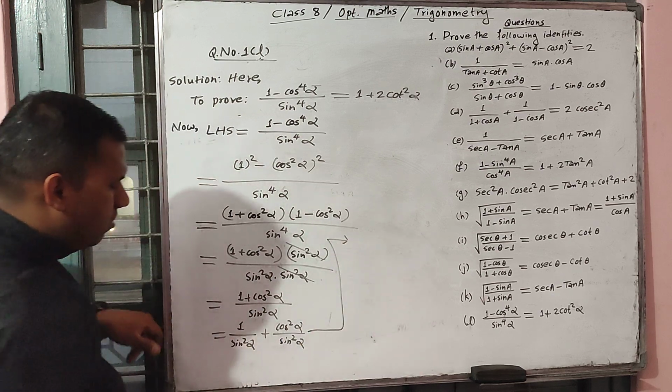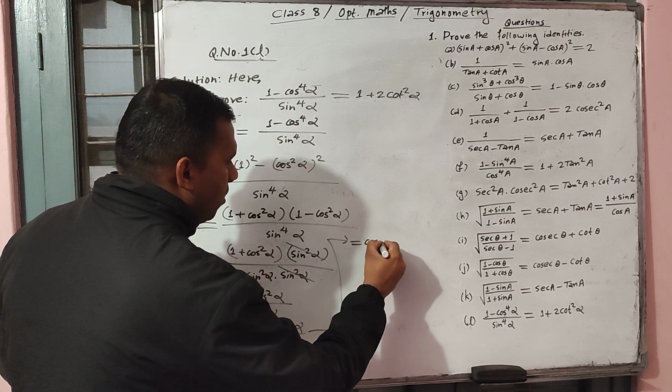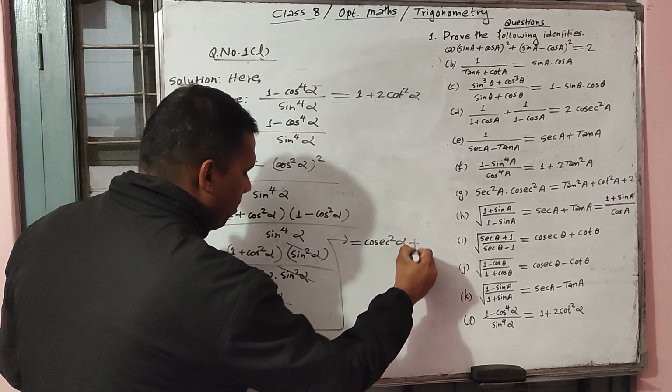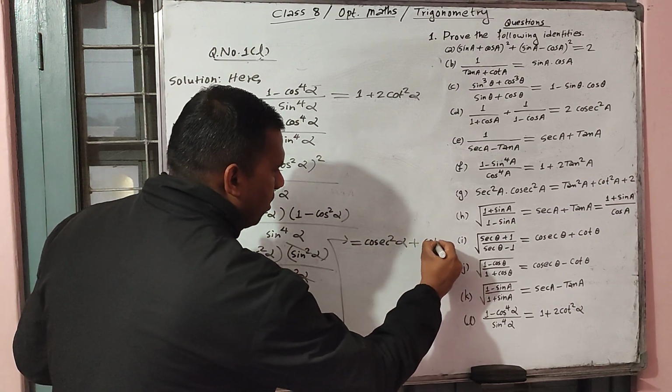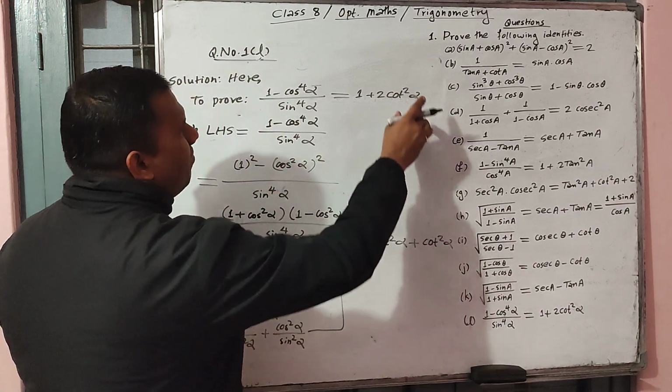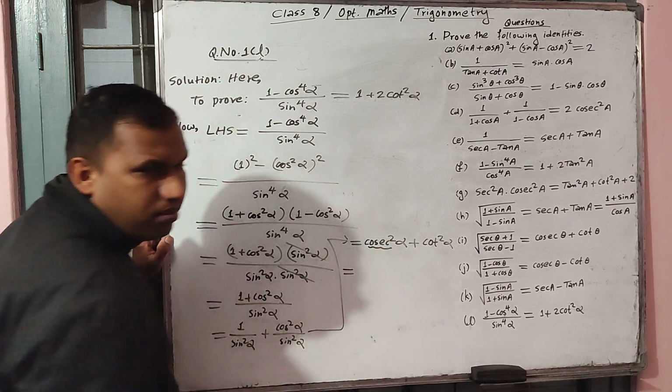Now breaking it, we can write 1 upon sin square alpha plus cos square alpha upon sin square alpha. Now this equals 1 upon sin square, that is cosec square alpha, plus cos square upon sin square, that is cot square alpha. But RHS is in the form of cot square, so again we need to change this cosec square in terms of cot square.